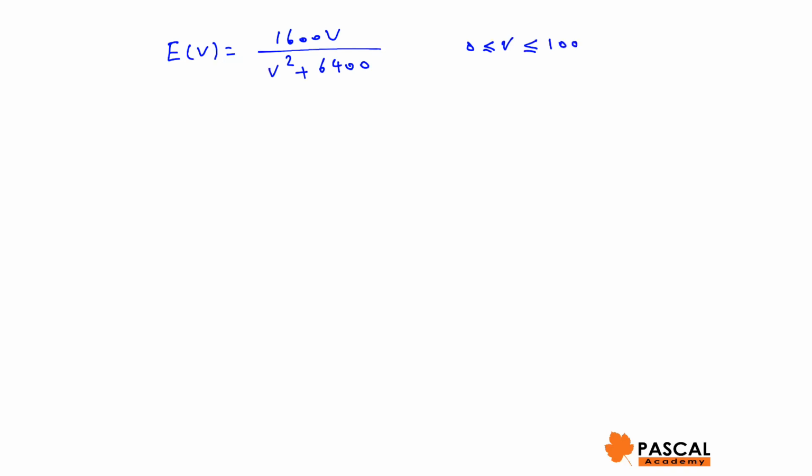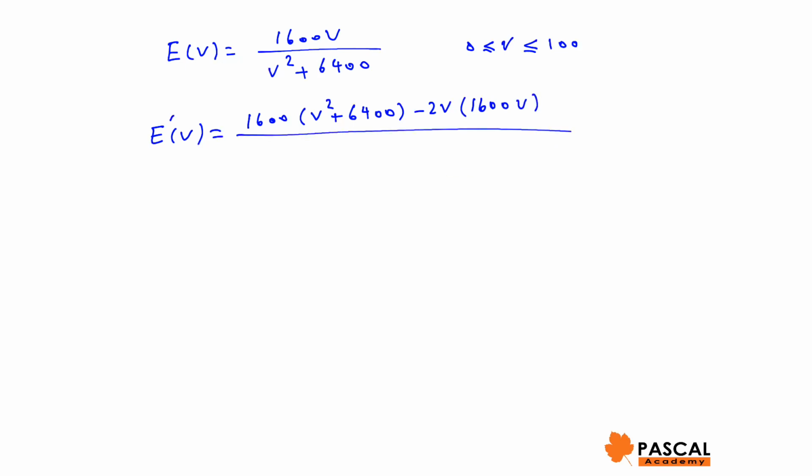We need the derivative of this function, using the quotient rule: derivative of the numerator times the denominator itself, minus derivative of the denominator times the numerator, divided by the denominator to the power of 2.